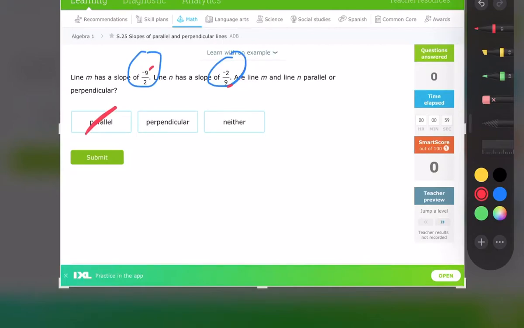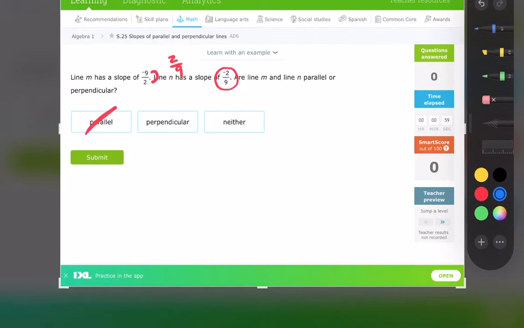To be perpendicular, well, you'd have to flip the fraction, and so that would basically flip this one. So you should have 2 over 9, which this does have, so that could be perpendicular.